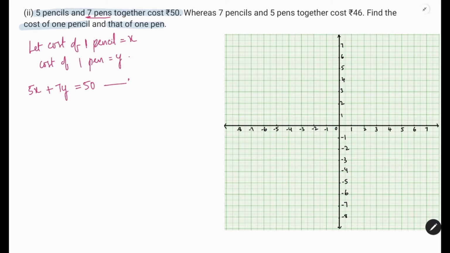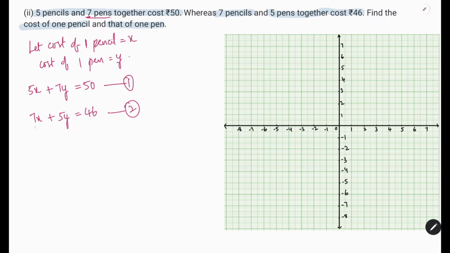Okay, this is the first equation, and here the second condition is 7 pencils, 7 into x, plus 5 pens, number of pens are 5 and cost of each pen is y, equal to 46. Now this is the second equation.